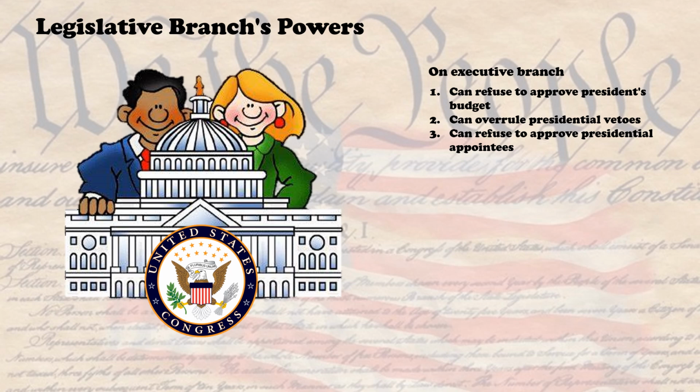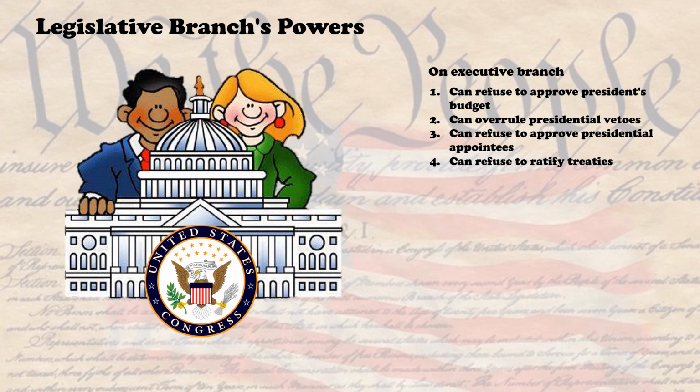Cabinet level officials and other key officials are appointed by the president with the consent of Congress. If Congress disagrees with the president's choices, they can say no, and then the president has to present someone that they find acceptable. 4, the legislative branch can refuse to ratify treaties.